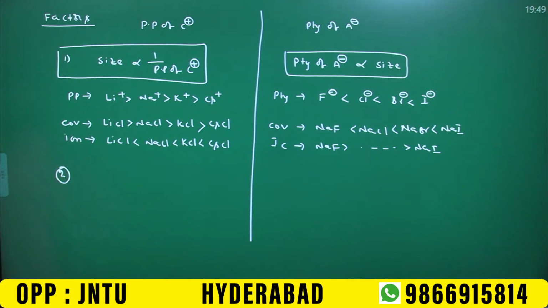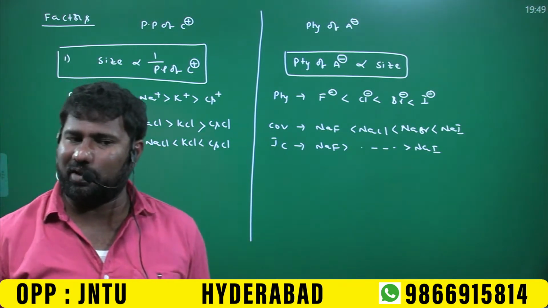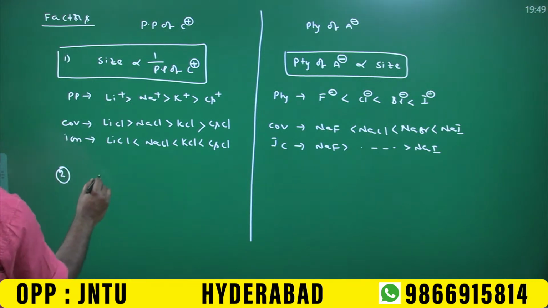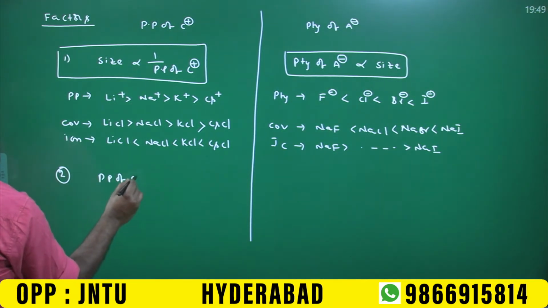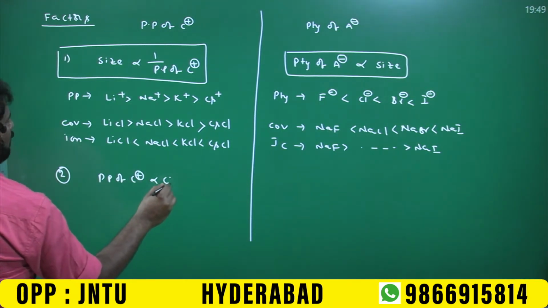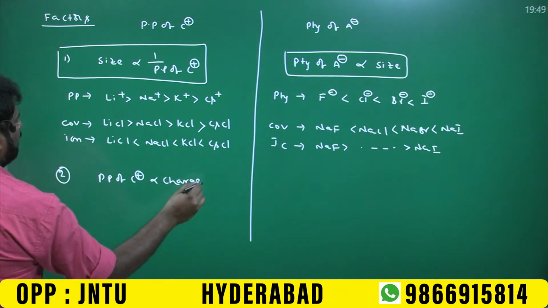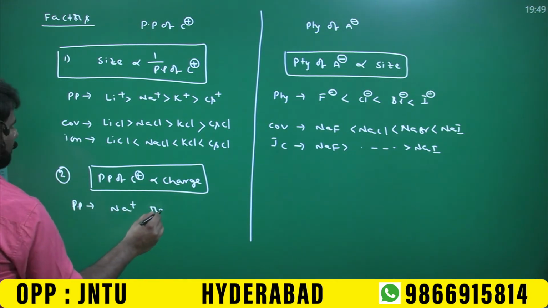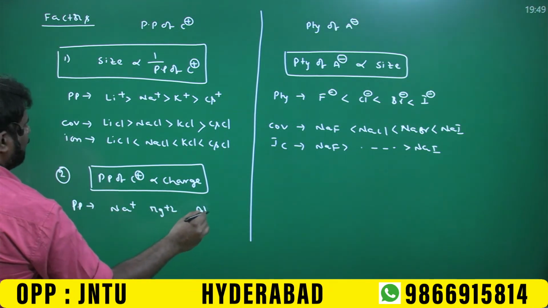Then the second one, charge. As the charge of the cation increases, nuclear charge increases. Nuclear charge is directly proportional to the polarizing power of the cation, so polarizing power is directly proportional to charge. For Na plus, Mg plus 2, Al plus 3, which has more?